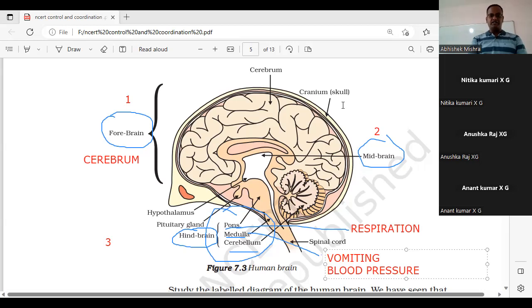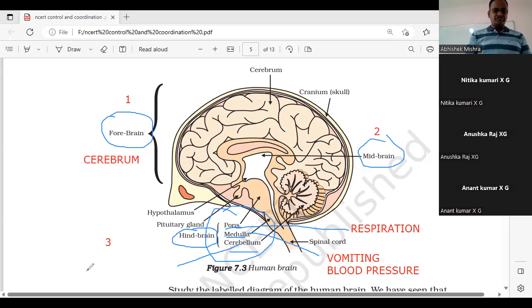And the next part, that is the cerebellum. Be very careful, student, whenever you are writing the function of the cerebellum, because most of the time you get confused with the word cerebrum. Cerebrum is the forebrain, but cerebellum is a part of the hindbrain.